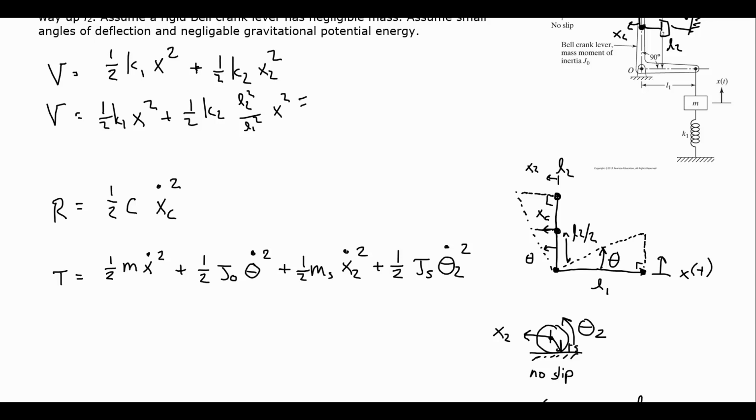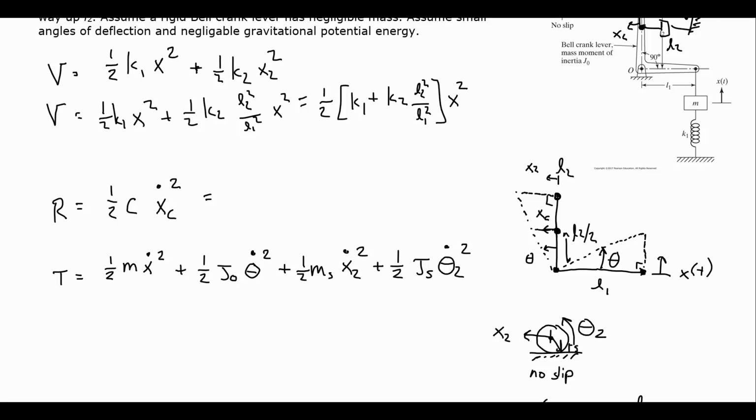Now, if we look at v, our only dependent degree of freedom is x. So I want to rewrite it in this more convenient way. I can pull a 1/2 out in front, k1 plus k2 times L2 squared over L1 squared, and then the x squared I can pull to the back. Now that v is rewritten, I can move on and start looking at r.